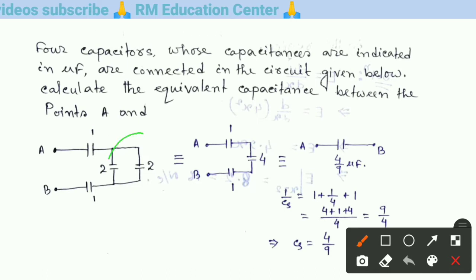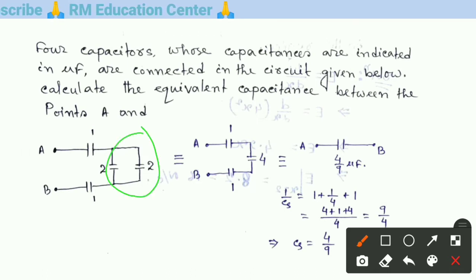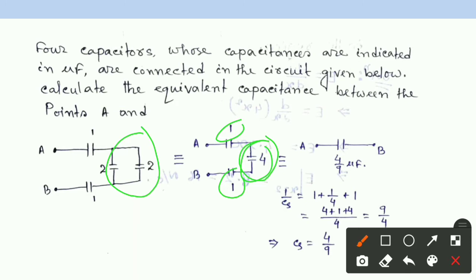Now these 2 microfarad capacitors are connected in parallel. We know that capacitors connected in parallel add. So the equivalent capacitance will be 4 microfarad. Now 1, 4 and 1 are connected in series.